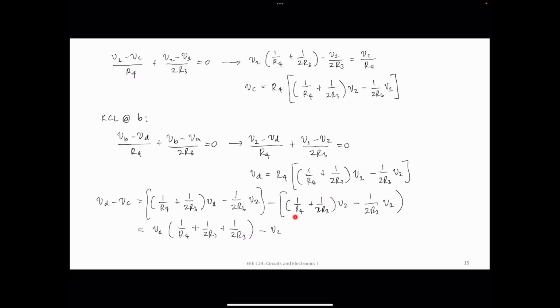So let's consider this term: 1 over R4 plus 1 over 2R3 plus 1 over 2R3. This is 1 over R4 plus 1 over R3. I'm going to get 1 over R3 plus 1 over R4 times V1 minus V2.